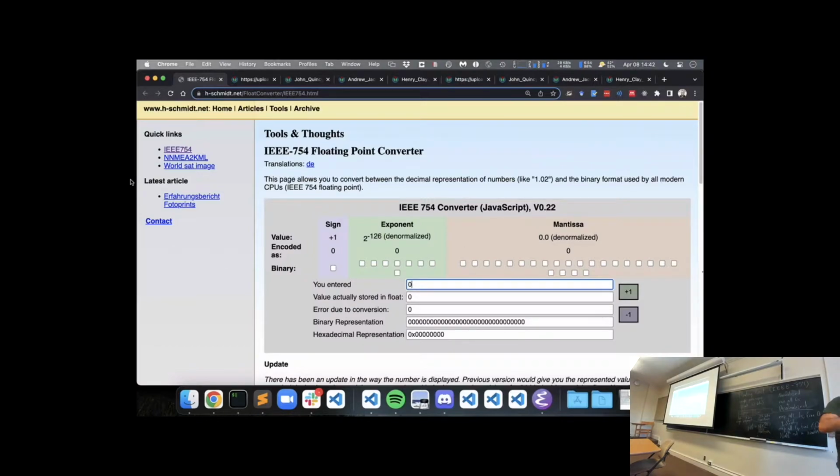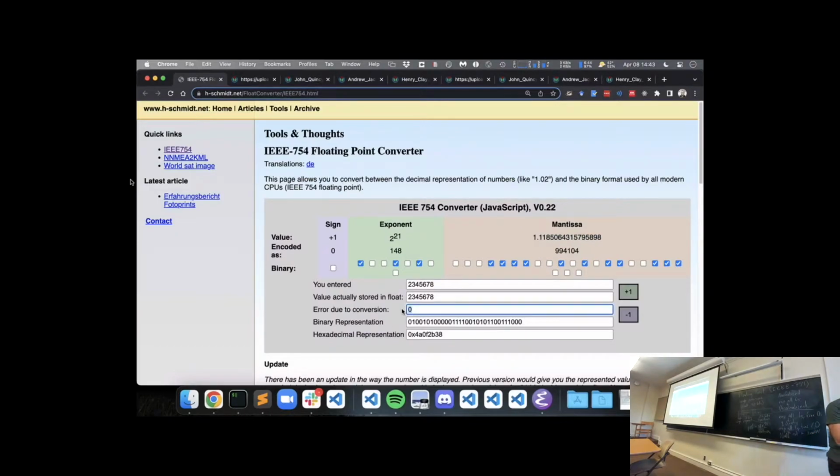And I see all the bits are 0, as you might expect. I can say, give me 2, 3, 4, 5, 6, 7, 8. And I can see the exponent is giving me 2 to the 21st. The mantissa is giving me this fraction here.